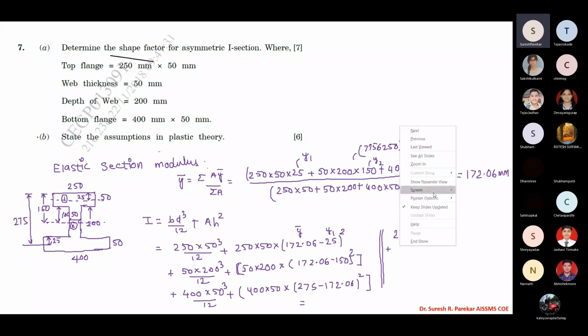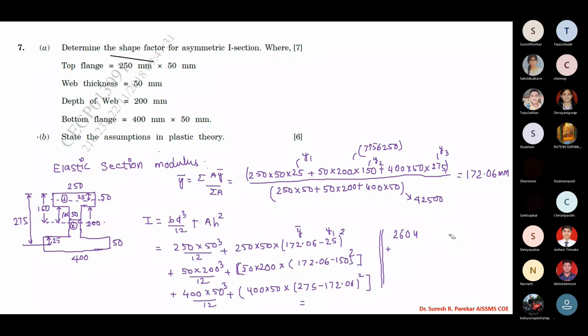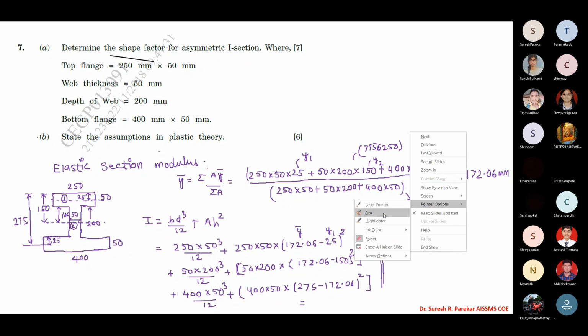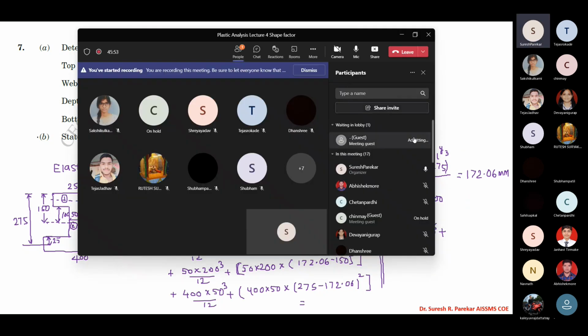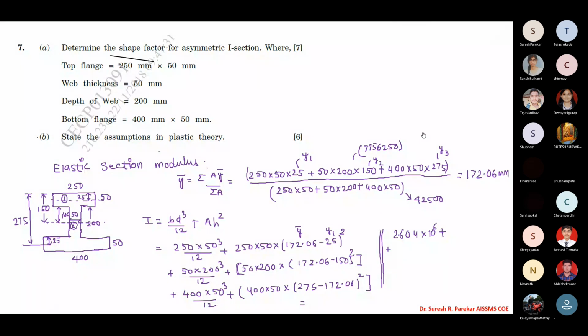So actually we have to write it as 2.604 into 10 raised to 6, plus second term we have 0.27 into 10 raised to 6, plus third term 33.33 into 10 raised to 6.